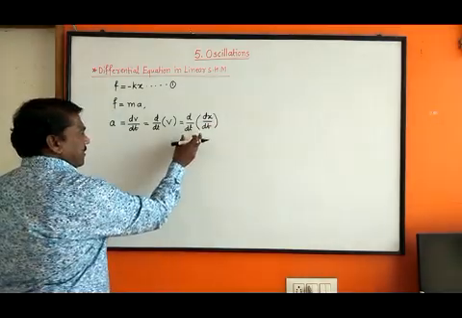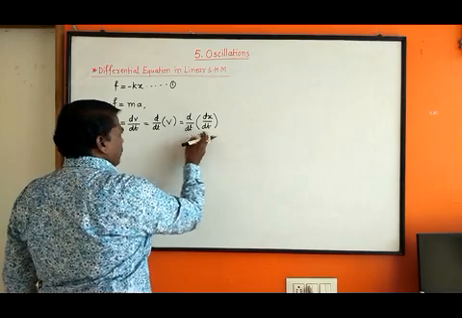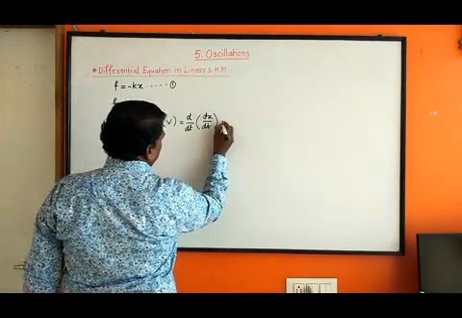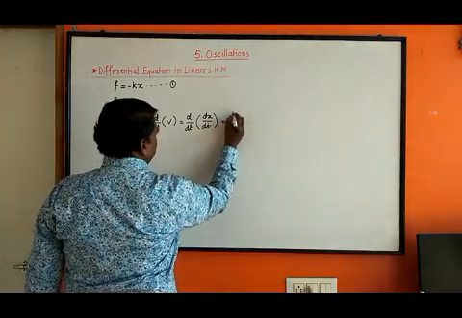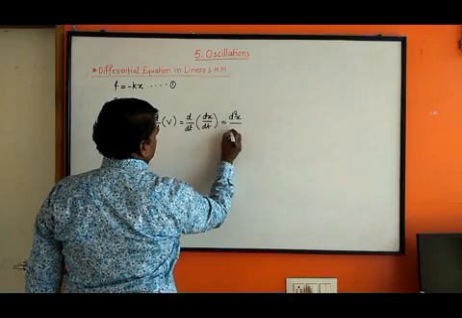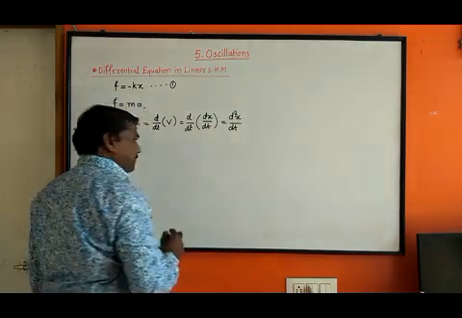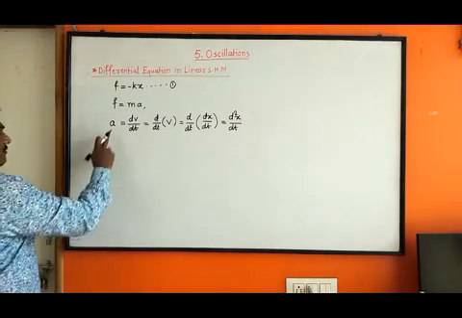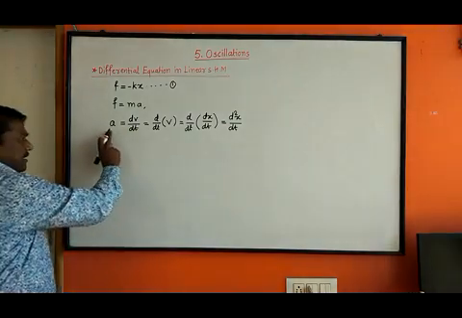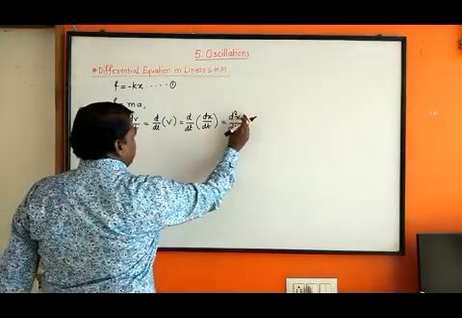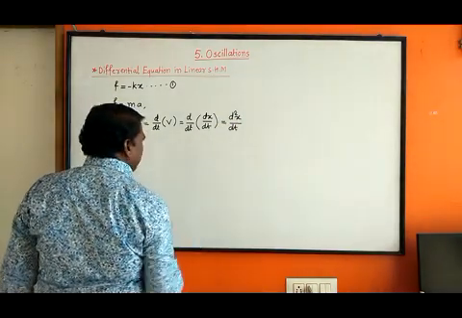So here there are two times differentiation of displacement. So directly you can replace that with d2x by dt square. So what we got? Acceleration is nothing but the second derivative of displacement with respect to time.